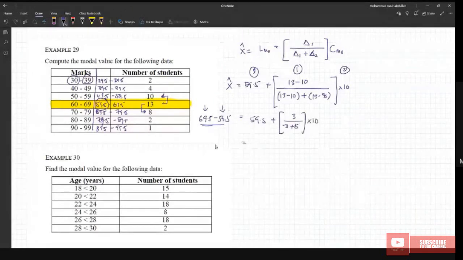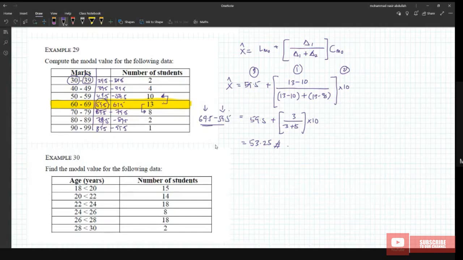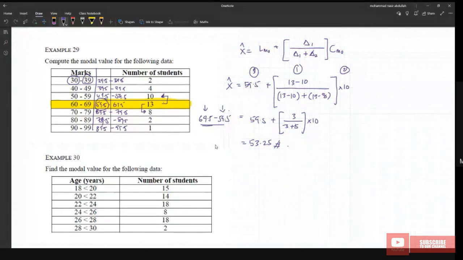So 3 divided by 8 multiplied by 10 plus 59.5. So the mode is 53.25. So most of the students have marks of 53.25. So this is how we calculate the mode, right?